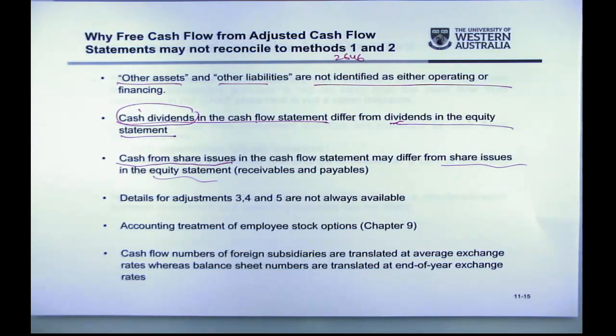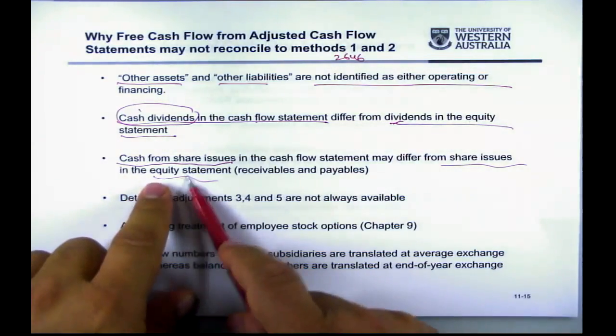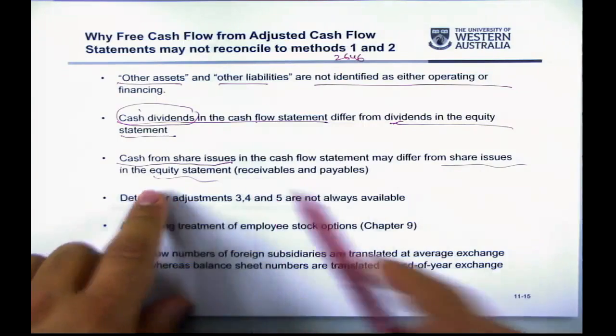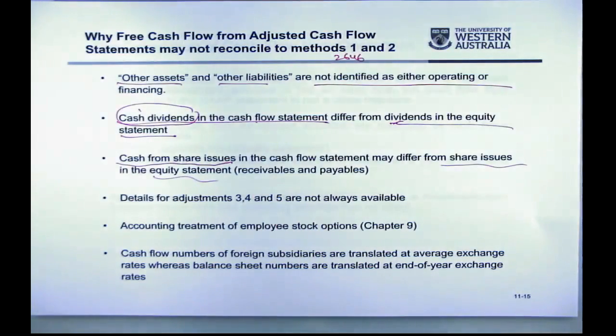For example, some shareholders may buy shares, but the firm hasn't received the cash yet. But the firm in this case will recognize the value of these shares in the equity statement, although the firm still hasn't received the cash, the full amount or value of the shares from the shareholders, okay? So we have differences here.